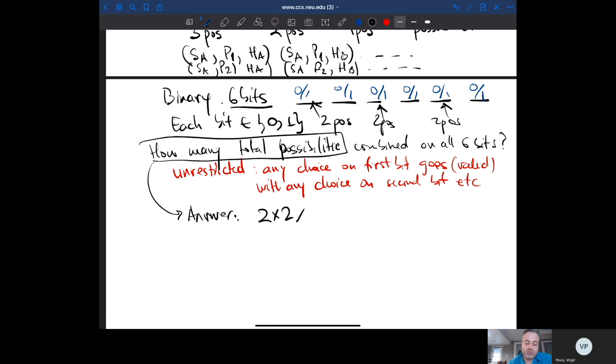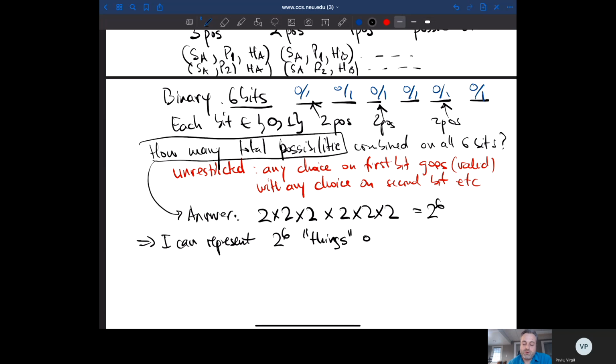The answer is 2 times 2 times 2 times 2 times 2 times 2, because any one of these individual choices has either 0 or 1. So that's 2 to the 6 possibilities. So the conclusion is I can represent 2 to the 6 things on 6 bits.